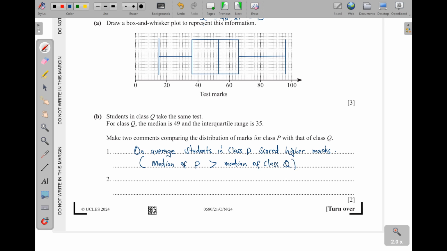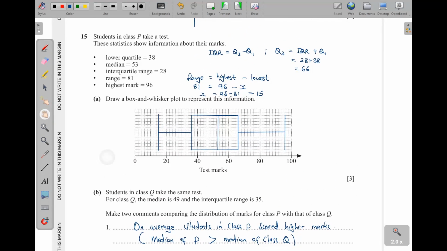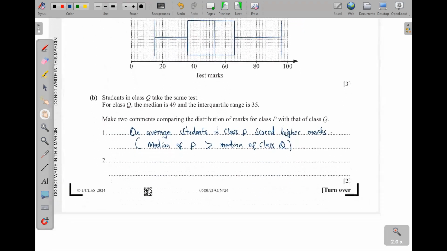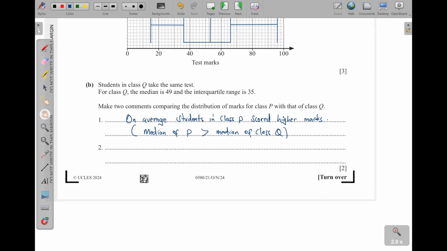Then remember, the median of class P is 53 and the median for this one is 49. But if the median is like the other one is 53 and the other is 52, they are closely related. So in that case, we only compare using the interquartile range.